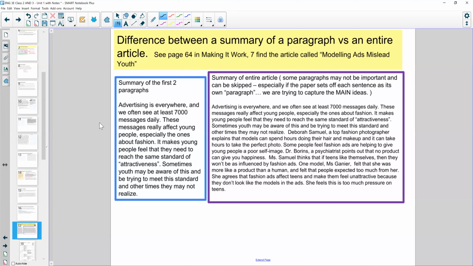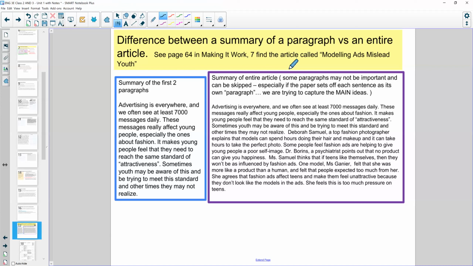Now, if we're looking at the whole thing, I'm still using the same summary that I did of the first couple paragraphs, and then I go on to the new part. Deborah Samuel, a top fashion photographer, explains that models can spend hours doing their hair and makeup, and it can take hours to take the perfect photo. Some people feel fashion ads are helping to give young people a poor self-image.